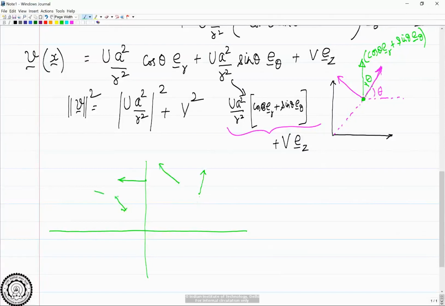As you go in this direction, theta is increasing, so the angle from radial will also increase. Here, for example, theta is 90 degrees, so the angle from radial direction is also 90 degrees. So that's the direction of the velocity. It starts with radially outward, and as it goes here, then it comes inside also.